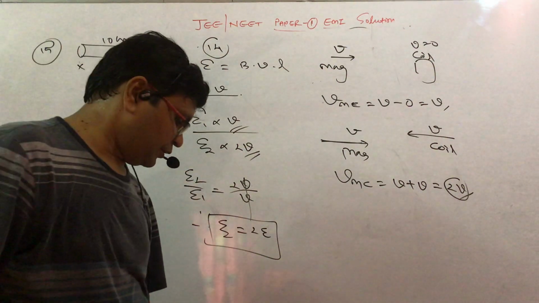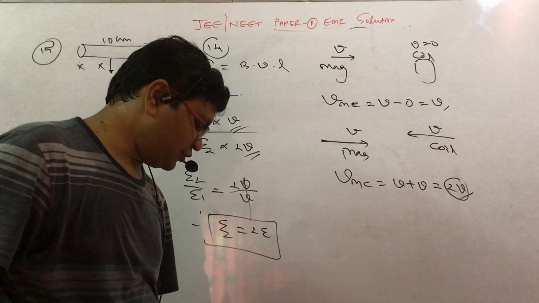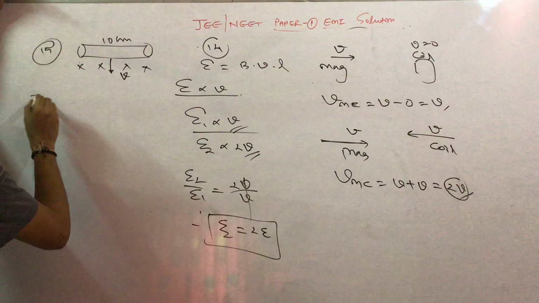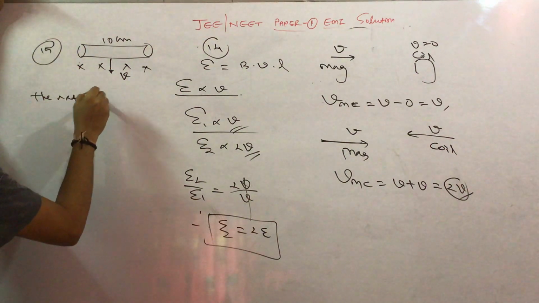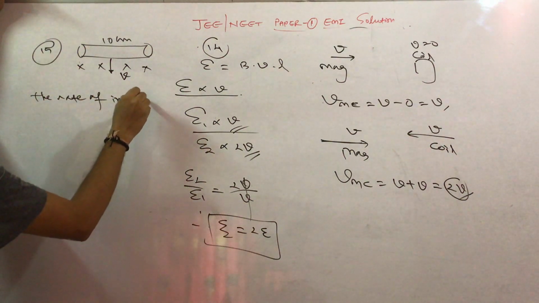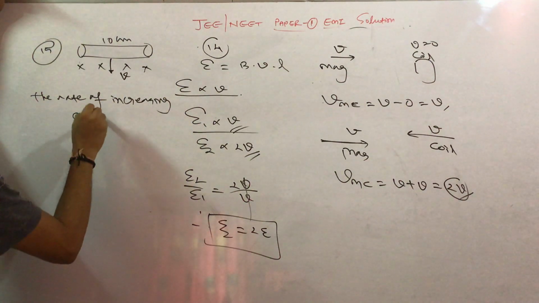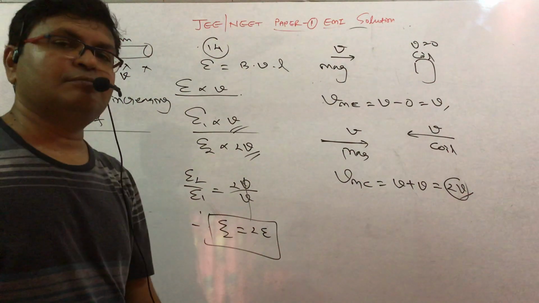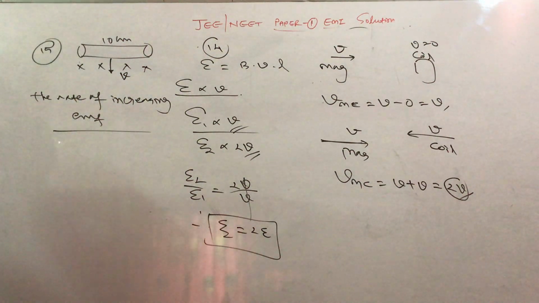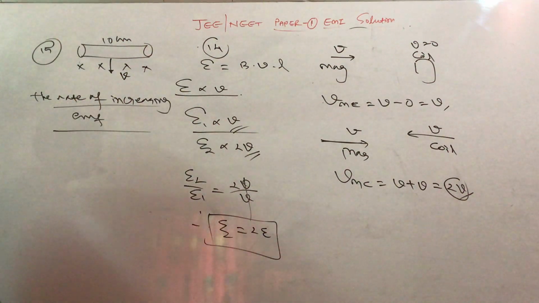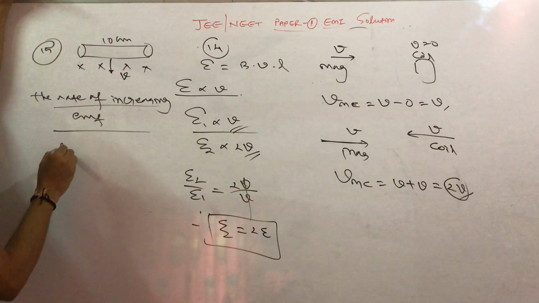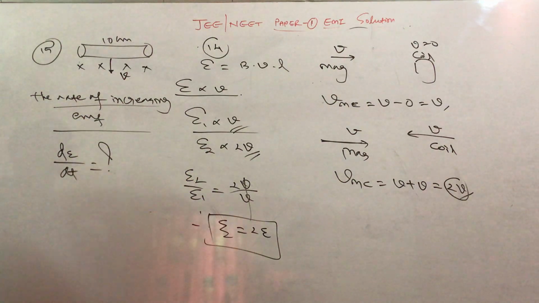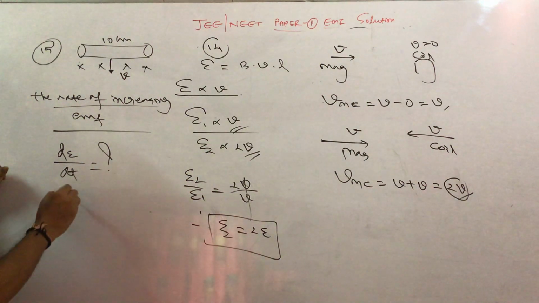Okay, then the rate of increasing EMF generated in it is blank. क्वेश्चन को मैं लिखता हूँ, the rate of increasing EMF. खाली ये नहीं पूछते कि न्यूमेरिकल बहुत ही मजा ऐसा हो जाता, मगर ये रेट ऑफ इंक्रीजिंग ये पूछा है। दैट मीन्स योर टारगेट टू फाइंड dε by dt.